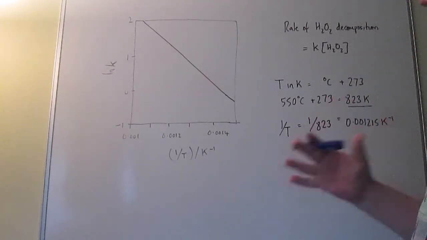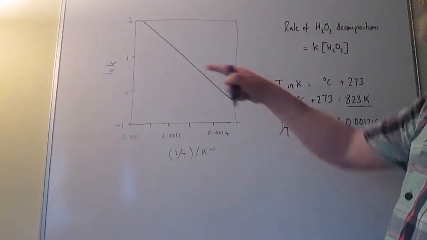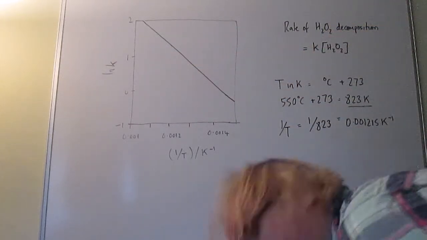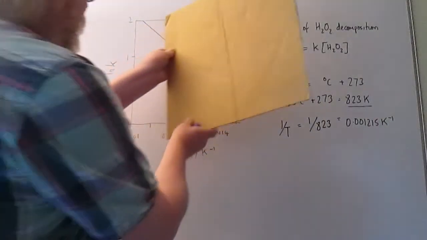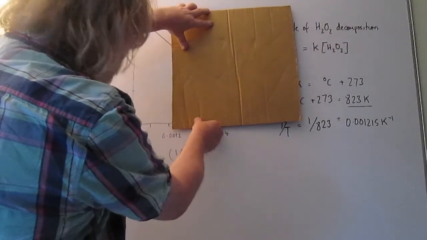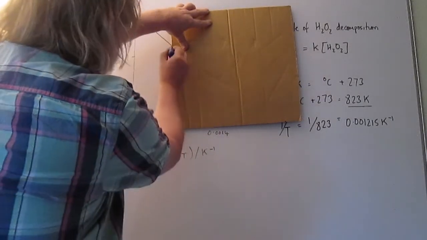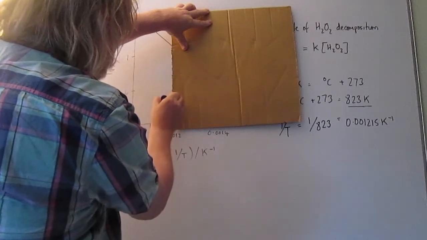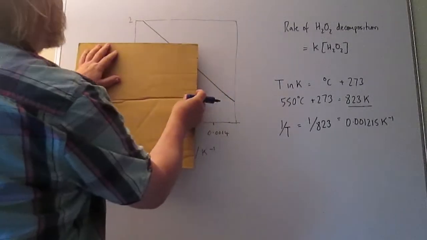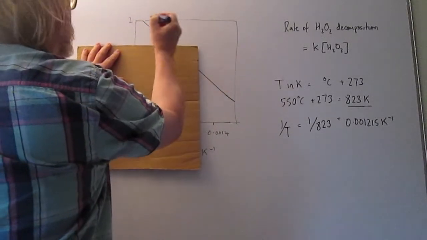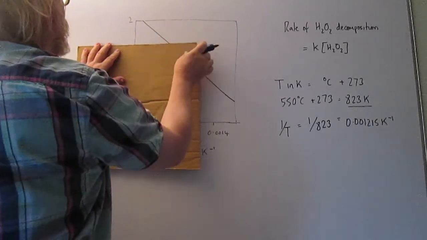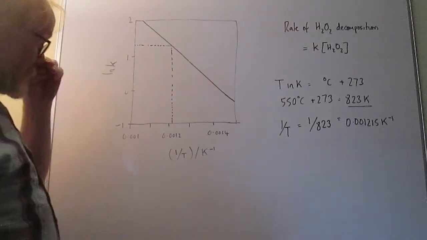Okay, so what we've got to do is, at that temperature, we can read off what the natural log of K is. So we get our ruler, and we say, right, if it's 0.001215, there's the line that we want, and we just read across to see what the natural log of K would equal when 1 over T was equal to that.